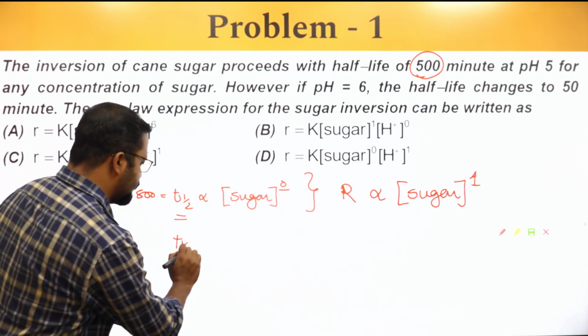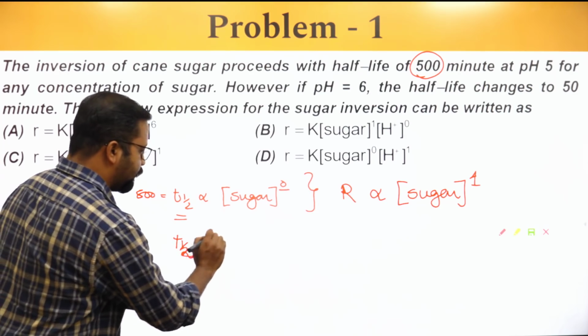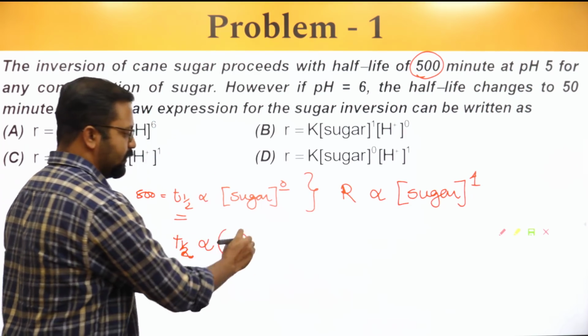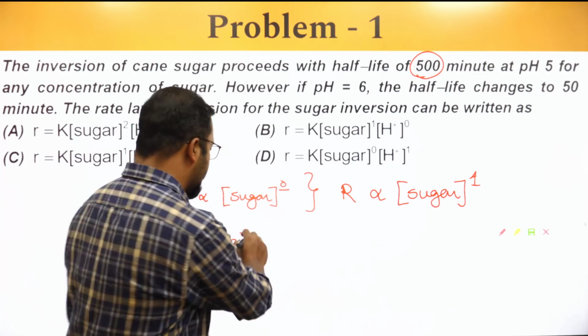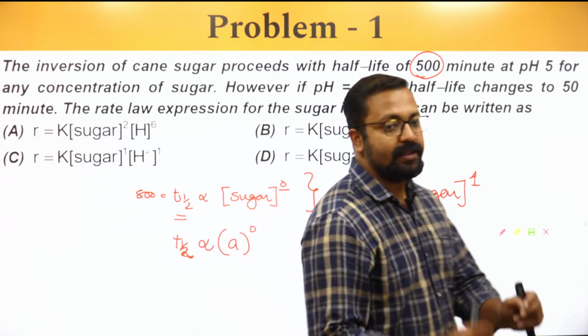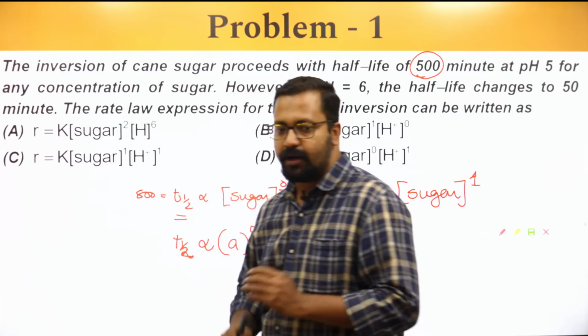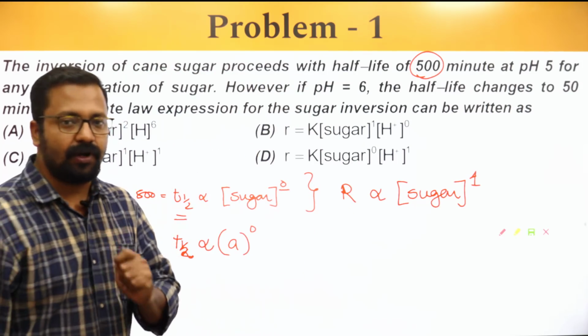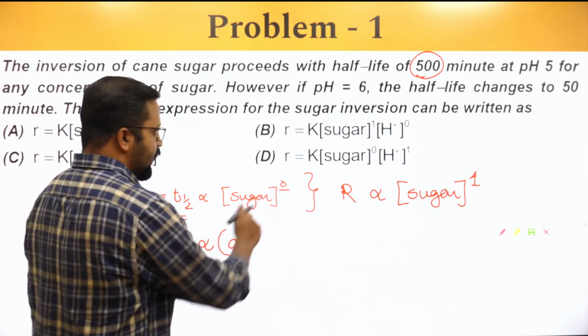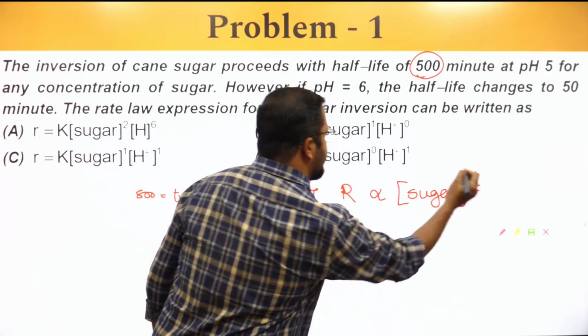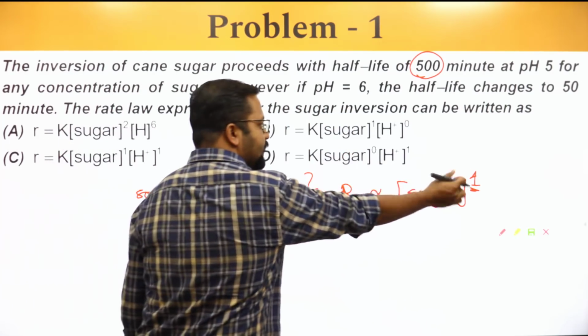T half is independent of A only when it is a first order reaction. So the order with respect to sugar is 1.